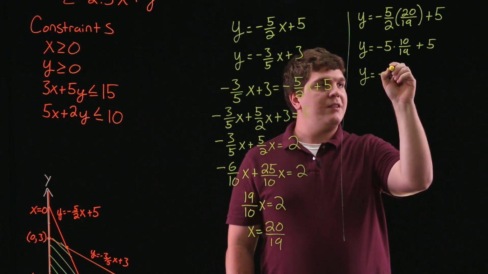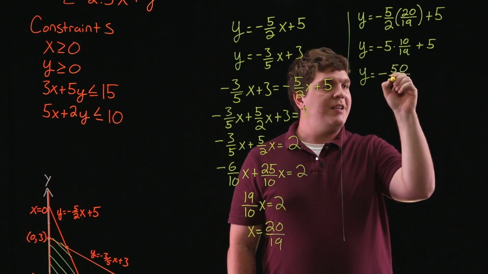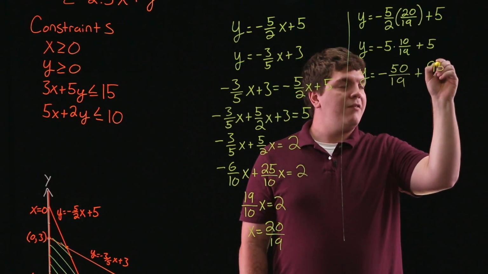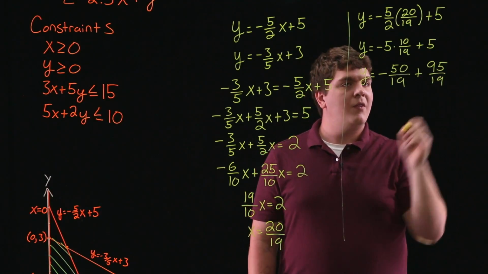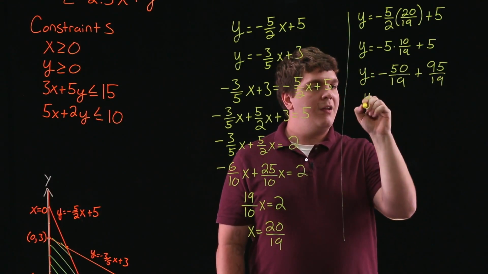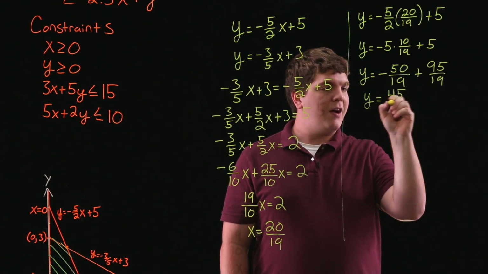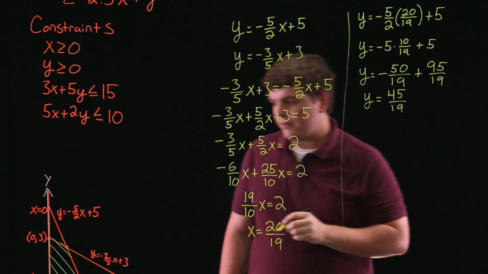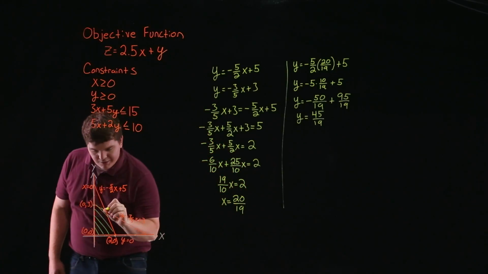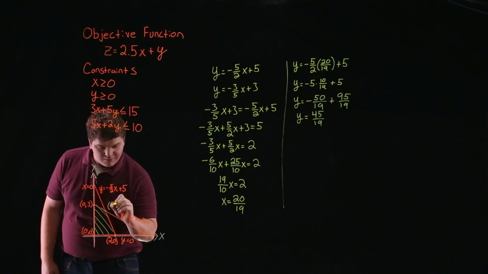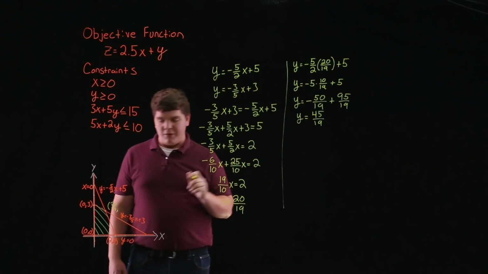So we have y is negative 50/19 plus 95/19. So what we get is y is equal to 45/19. So that means this point here has x-coordinate 20/19, and the y-coordinate is 45/19.